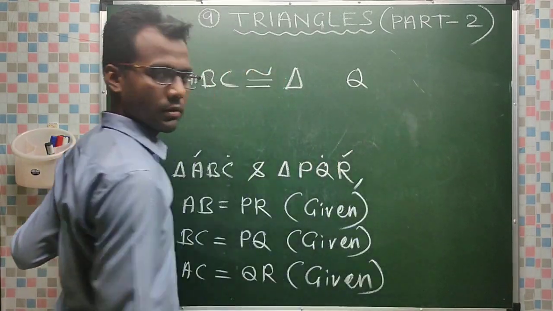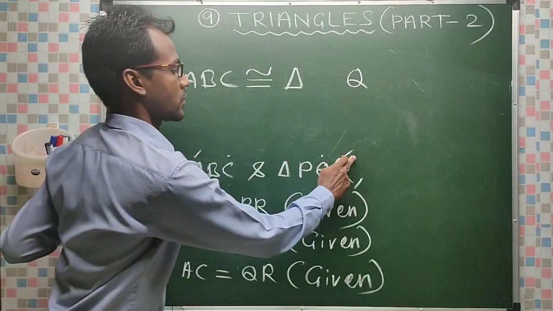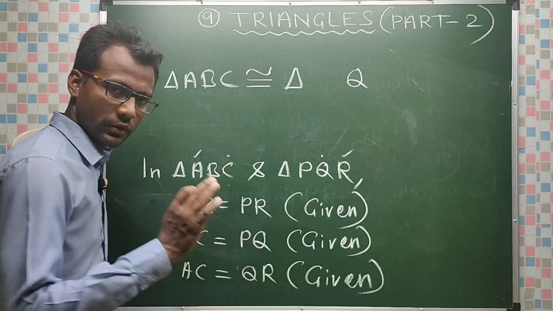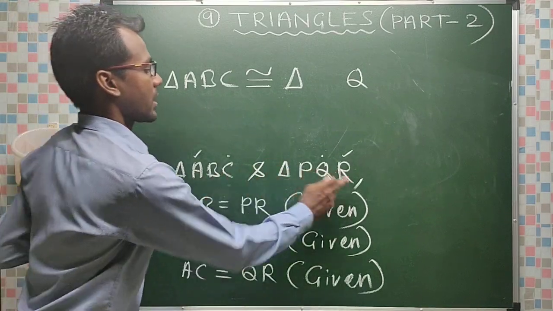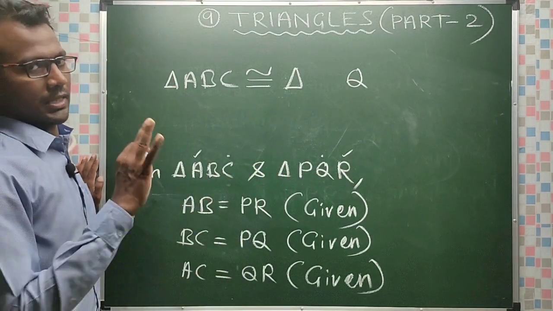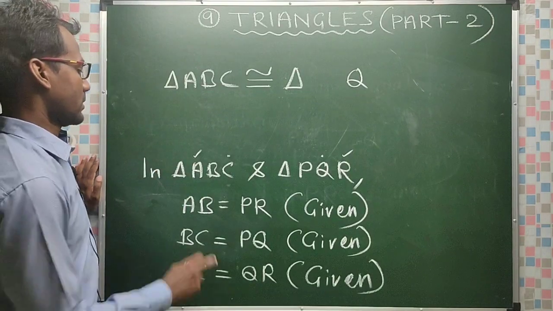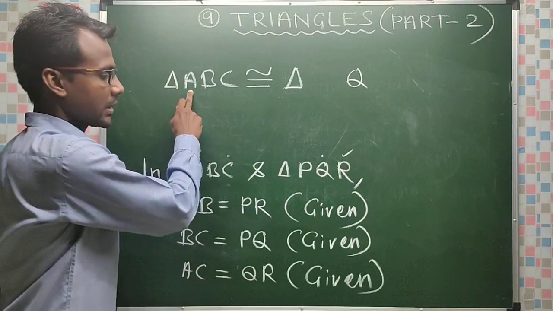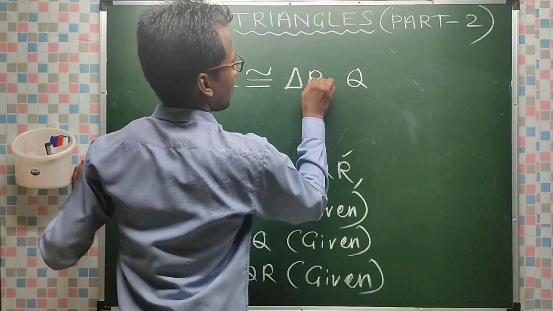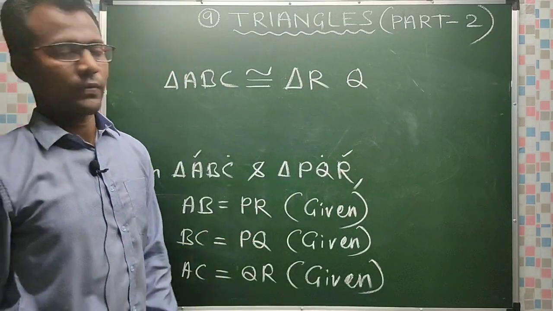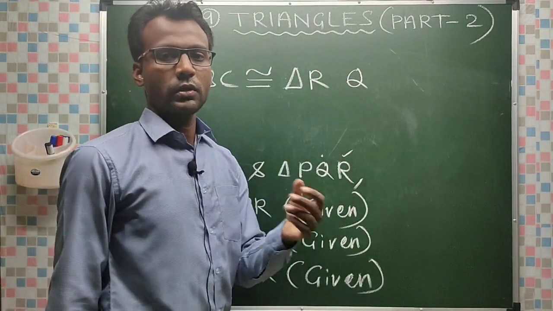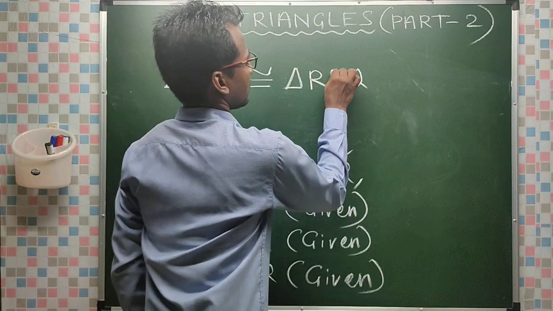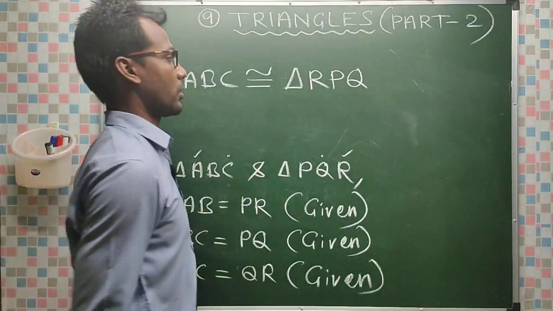Obviously R. So A corresponds to R. BC and PQ are corresponding sides, and A and R are corresponding vertices, so they will be in the same position. A is first, so R should be first. The third one we don't need to find, because R and Q are done, so the last option is P. So this is the correct order.